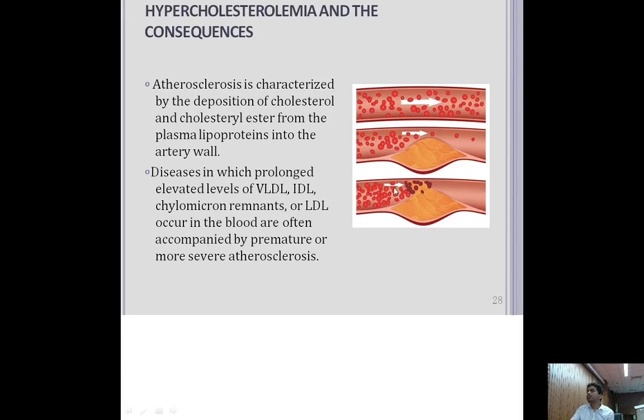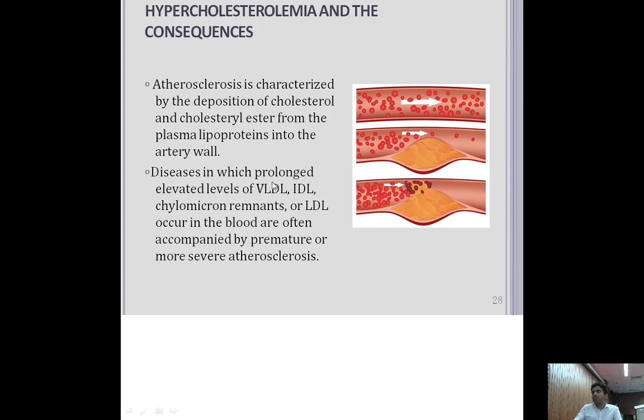What will it cause? It will cause narrowing of the artery, and ultimately it can lead to myocardial infarction also, right? Because if the artery gets narrowed, less and less oxygen will be delivered to a certain part of the heart muscle, and sometimes it leads to myocardial infarction.